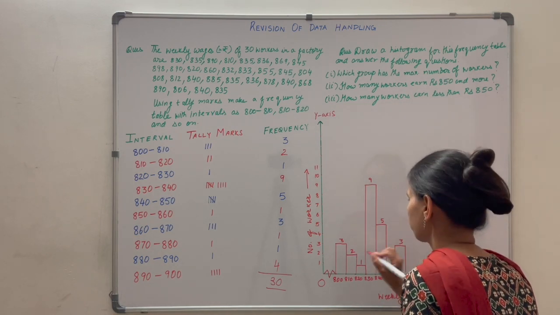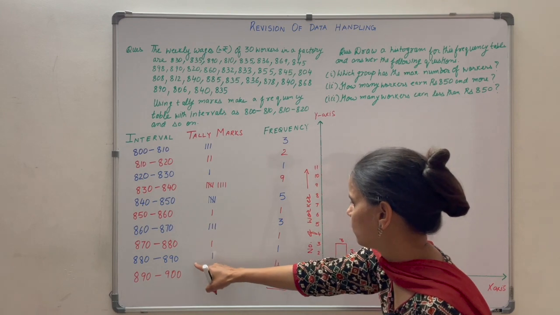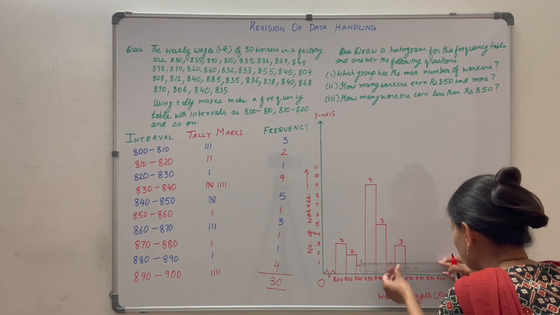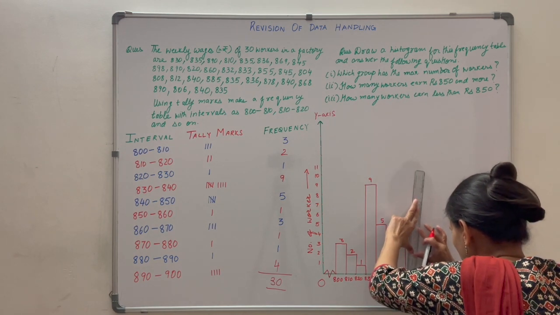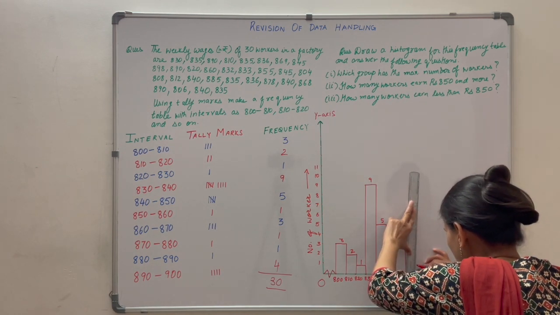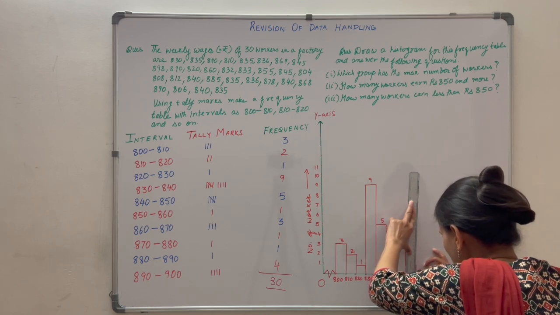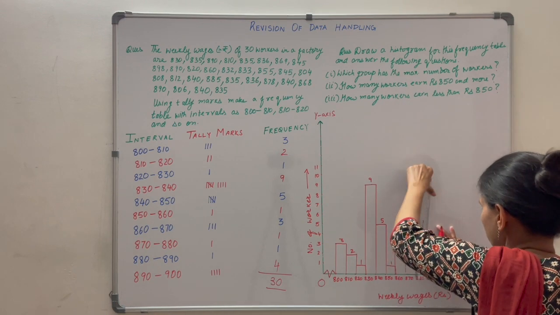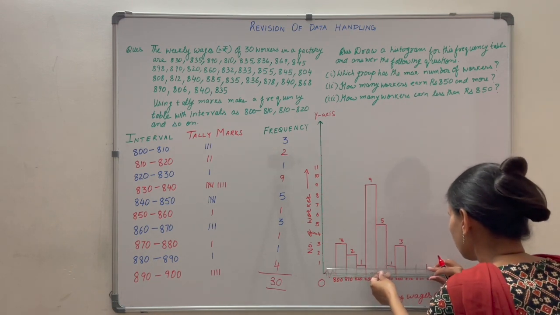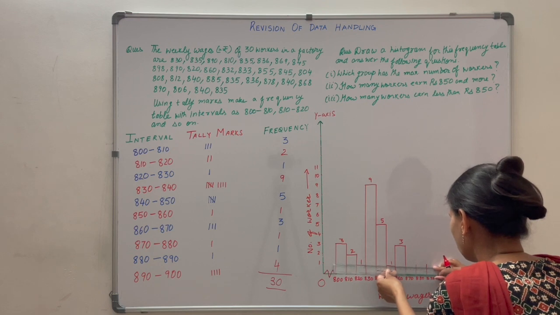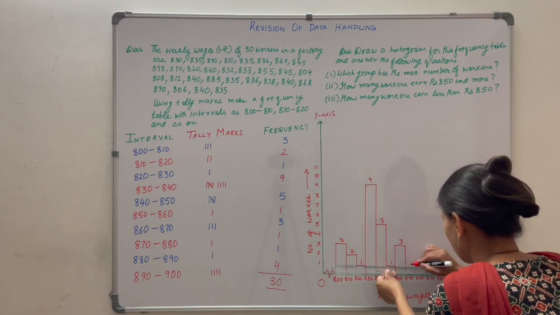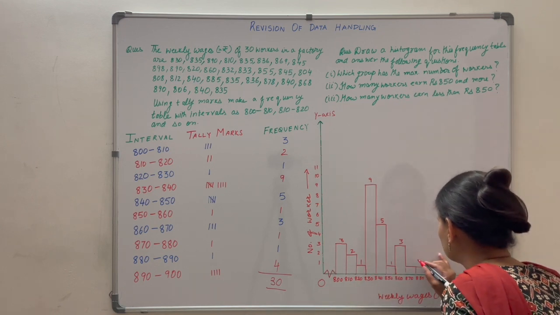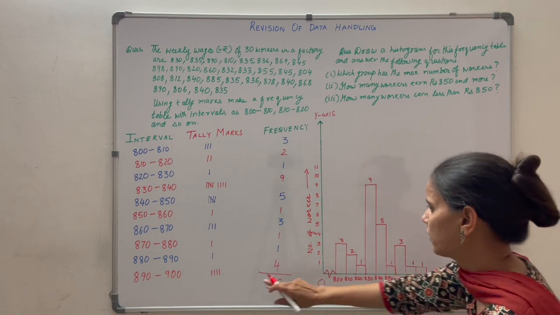This is 3. Then for these two class intervals, it is 1. So let us mark it. That is equal to 1. This is also 1.